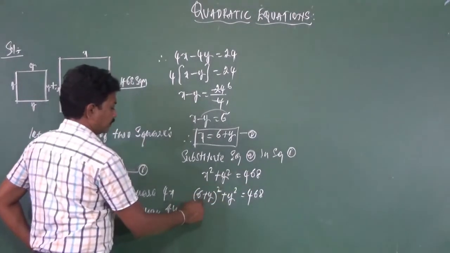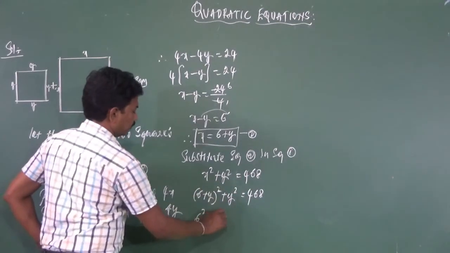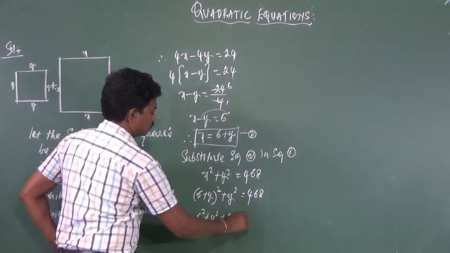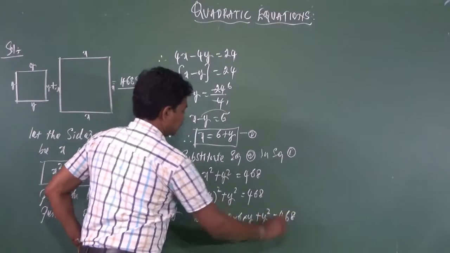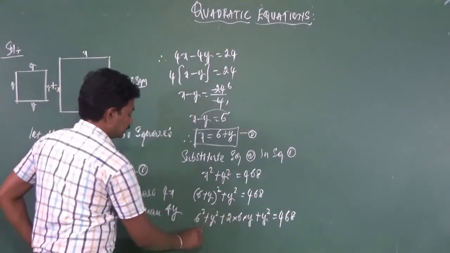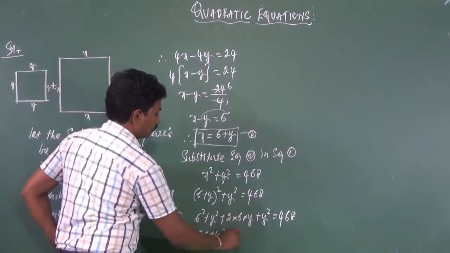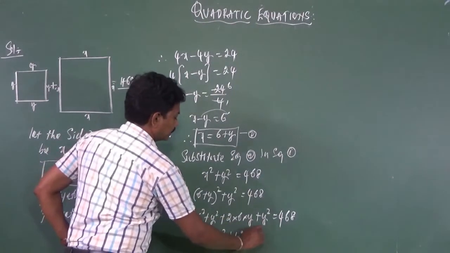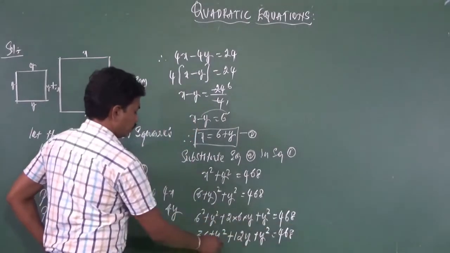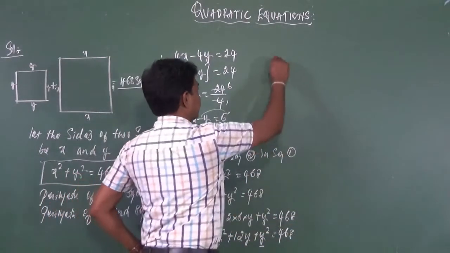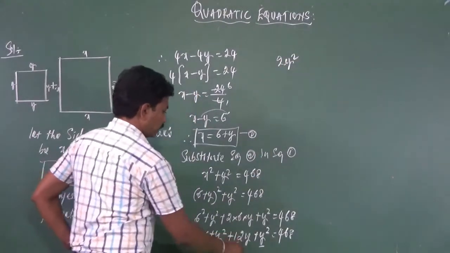So it is in the form of a plus b whole square, that is 6 square plus y square plus 2 into 6 into y, plus y square is equal to 468. Okay, 6 square is 36 plus y square plus 2 into 6 into y is 12y plus y square is equal to 468. Now y square plus y square is 2y square and plus 12y we have here.